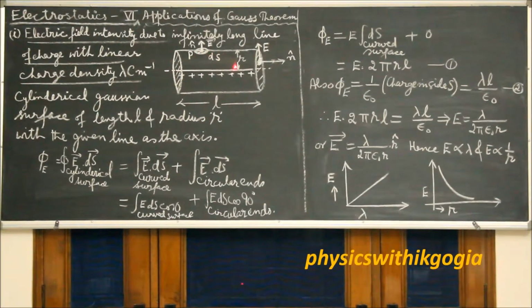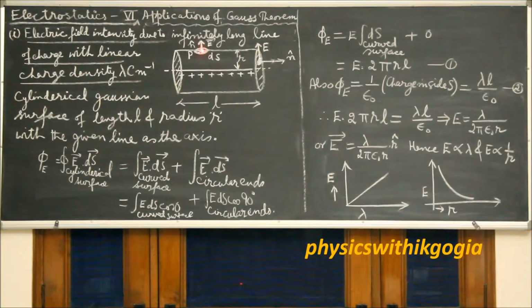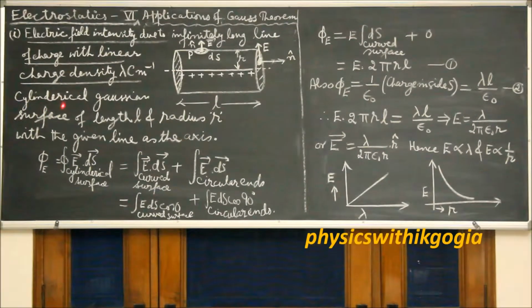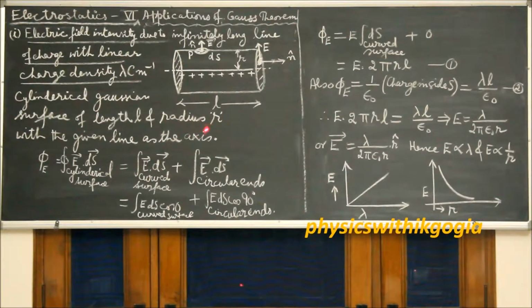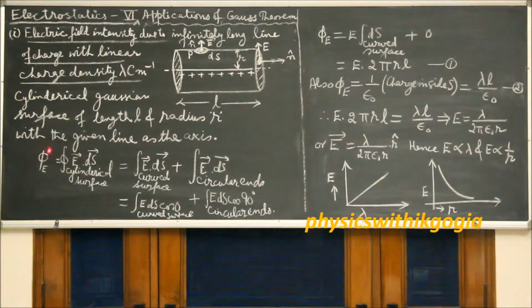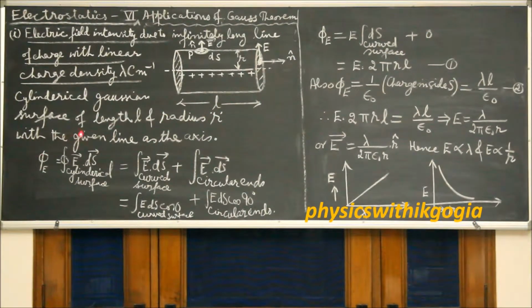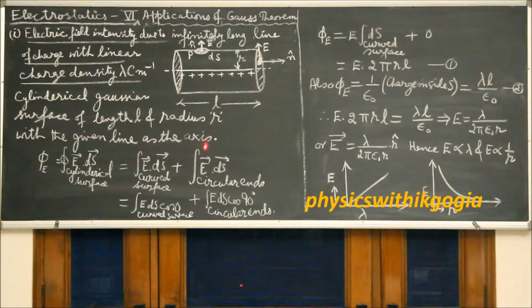P is a point at a distance r from the line where we want to find the field intensity. For the purpose, we consider a cylindrical Gaussian surface of length L and radius r. L is any arbitrary length, and the given line of charge is the axis of the Gaussian surface.